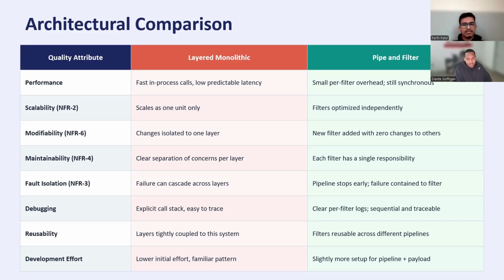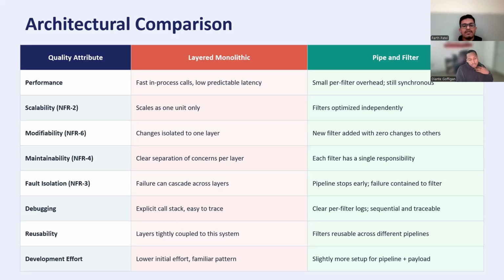And for modifiability, here is a concrete example. Let's say we want to add a grammar checking feature. In the layered monolithic architecture, we have to modify the resume service, which is already handling AI scoring and persistence, touching existing tested code and risking regression.